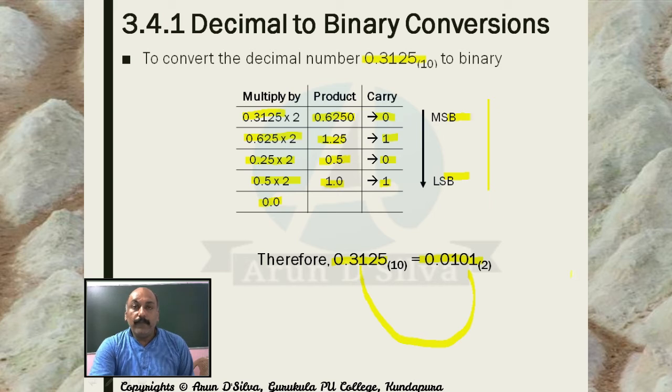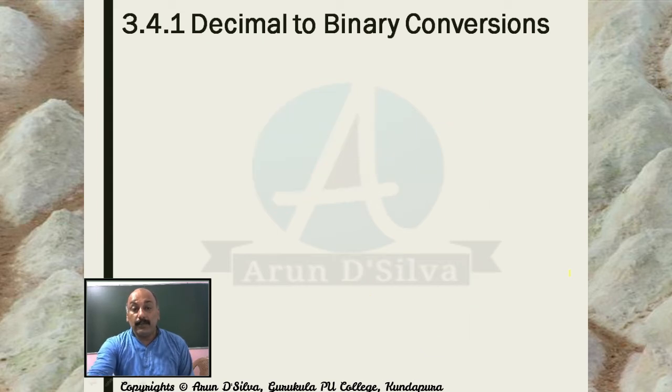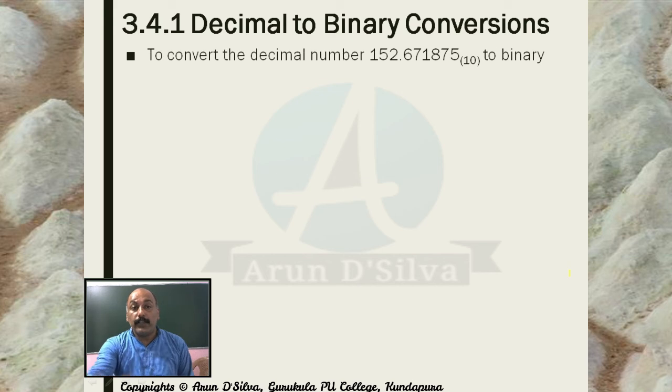So this is the way we convert the fraction part of a decimal number to binary. Now I taught you the integer part separately and the fraction part separately. In case you get the problem together, how will you convert? That is what I just wanted to put in front of you.